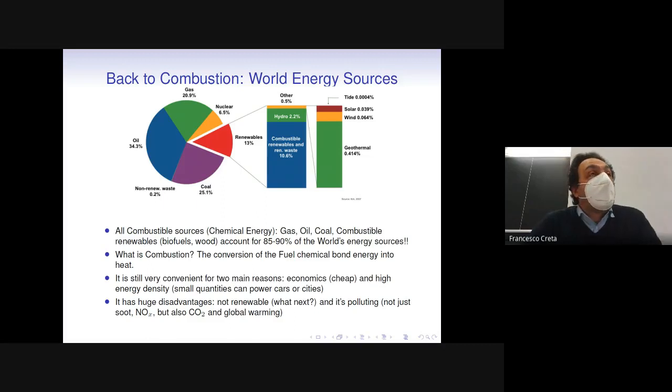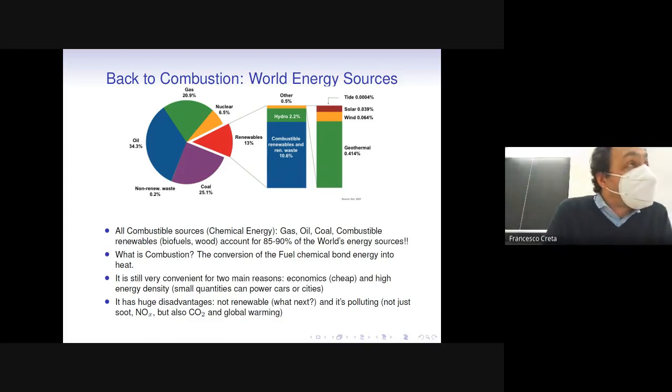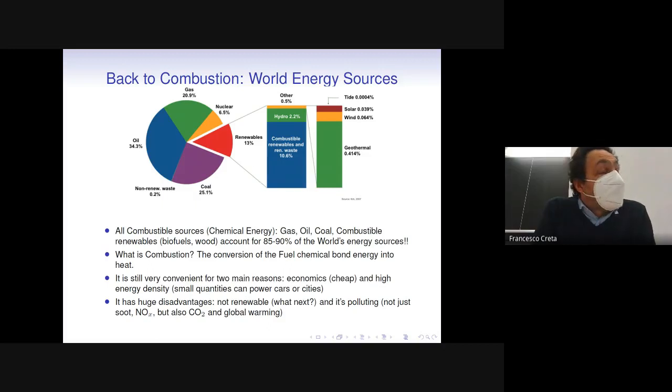Or we use the same heat in a Brayton cycle, for example, to produce, instead of mechanical work that can be used for electricity, a thrust in an aeronautical engine, or thrust in a rocket.